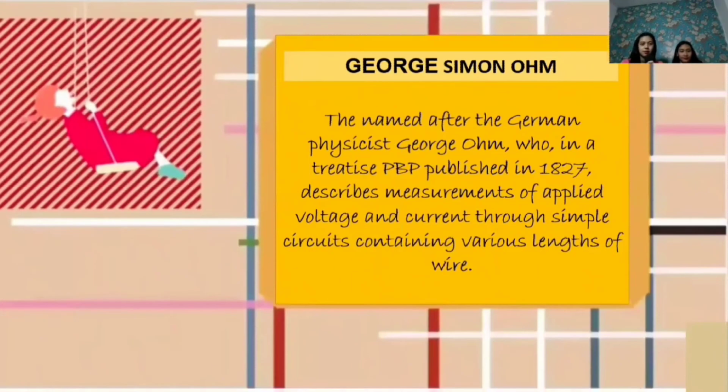Proceed to the next slide. Ohm's law is named after the German physicist Georg Ohm, who in his treatise published in 1827 described measurement of applied voltage and current through simple circuits containing various lengths of wire.